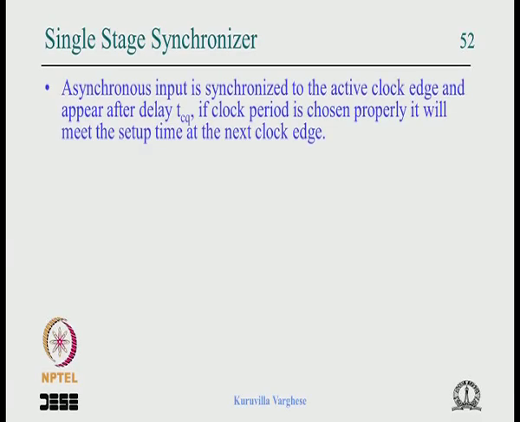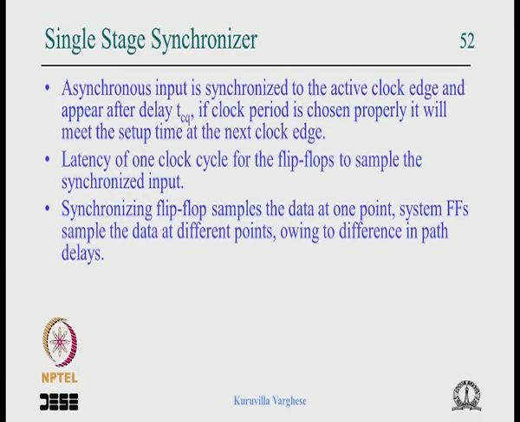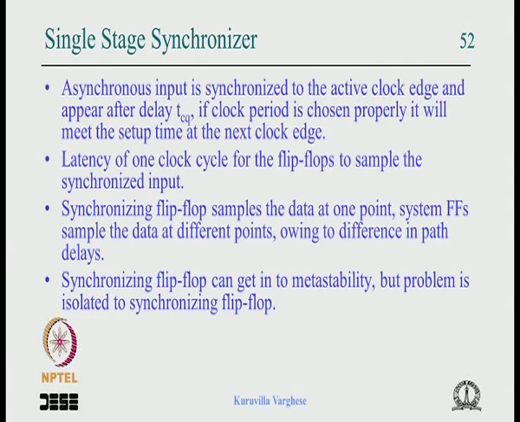So if it is solved, it is solved for everything. If it is not solved, it is not solved for all other flip flops. So it's better than the earlier case. Earlier we had no control, some might get into metastability, some may not, but here it is tightly controlled. So let us come to that. That is what is listed here, okay.